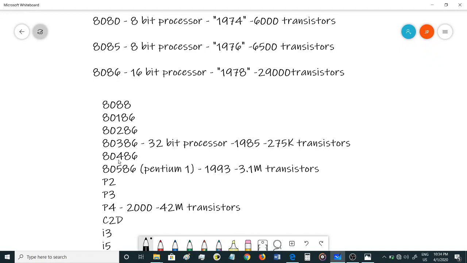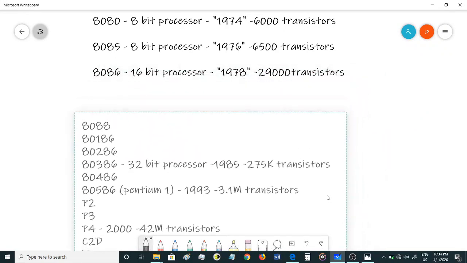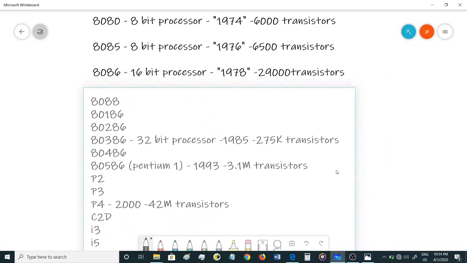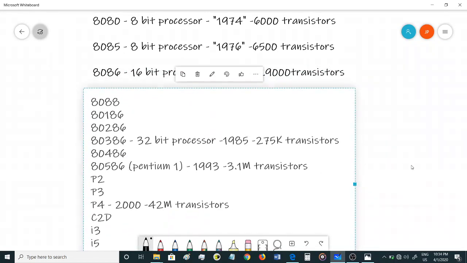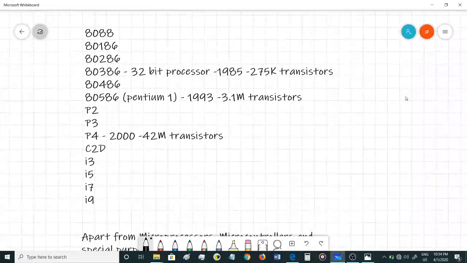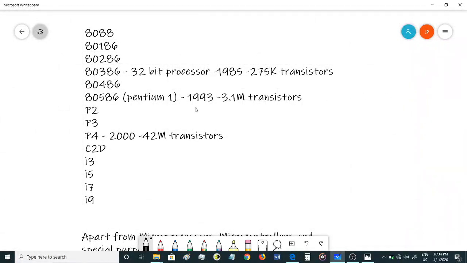Then came the 80486 and 80586, which is also called the Pentium processor, in 1993. This was the era of the start of personal computers. This processor had 3.1 million transistors in it.